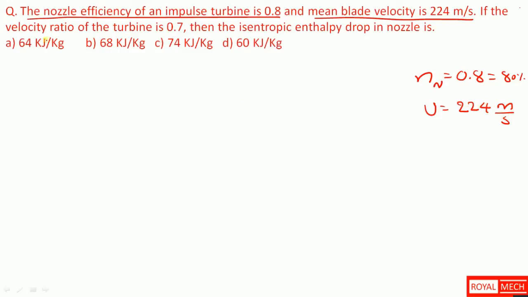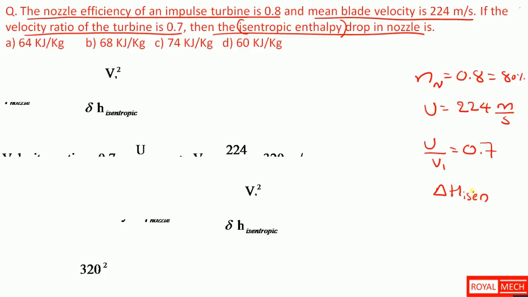If the velocity ratio of the turbine is 0.7, velocity ratio U by V1. In any case, if they ask for a velocity ratio, that is nothing but U by V1. Then the isentropic enthalpy drop in the nozzle is. So they are asking to find the isentropic enthalpy drop, that is delta H isentropic.